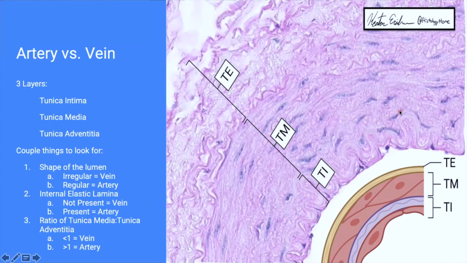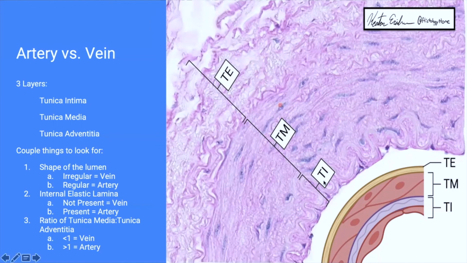That is going to allow for more elasticity and then some rebound effect to accommodate for increasing blood volumes in high pressure systems. Tunica media is really just composed of smooth muscle that is responsive to catecholamines and sympathetic nervous system inputs. And then our tunica externa or adventitia is going to be our connective tissue layer that blends in with the surrounding tissue around it.